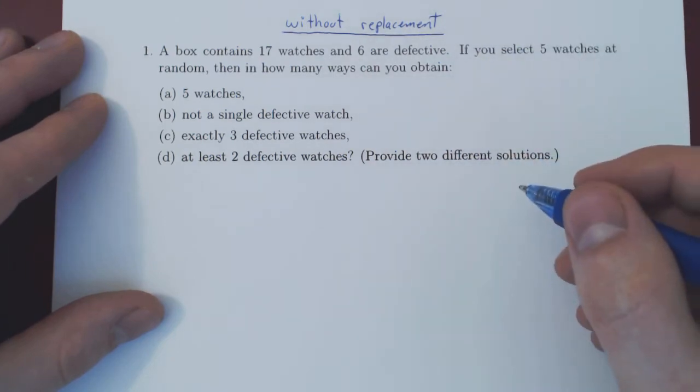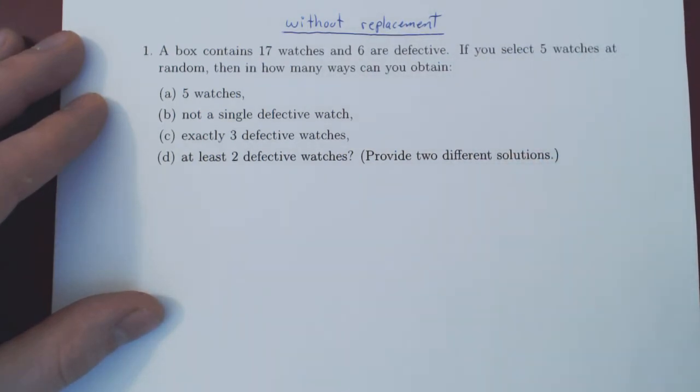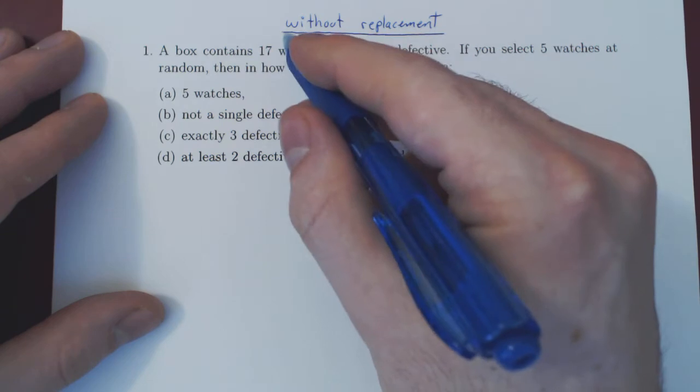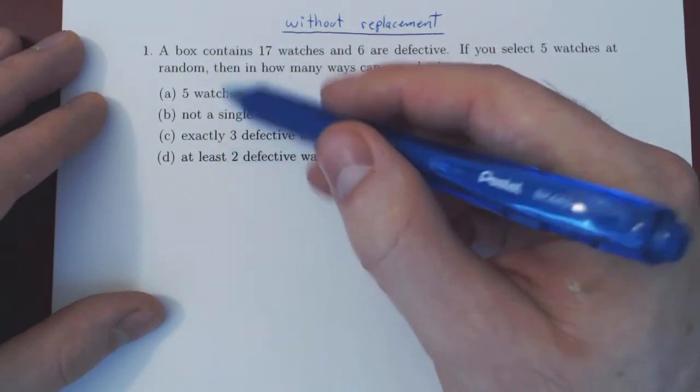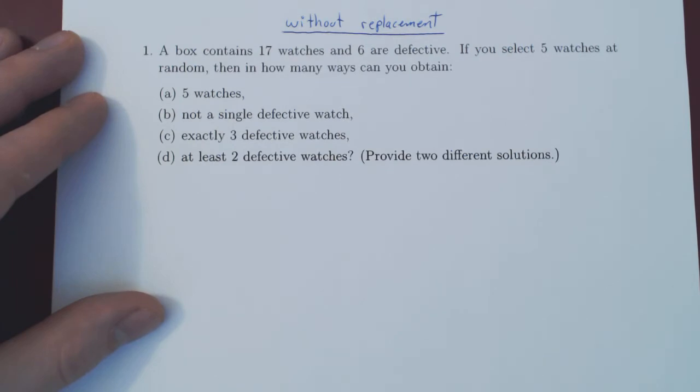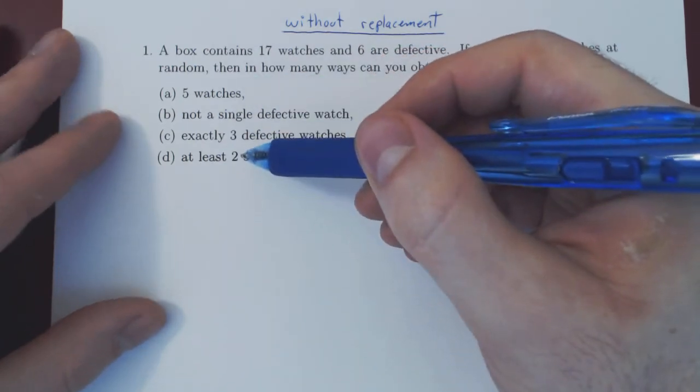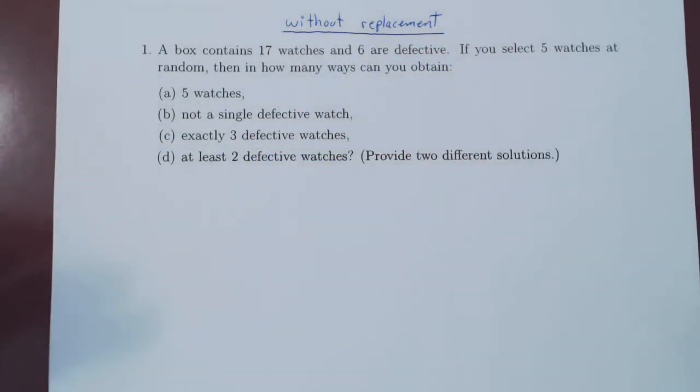So there's a box with 17 watches, you select 5, implicitly again, without replacement. And if you look at the type of questions that we're asking, we're only asking, okay, in your selection of 5 watches, how many are defective? Is it none? Is it 1? Is it 2? Is it 3? Is it 4? Or is it 5?